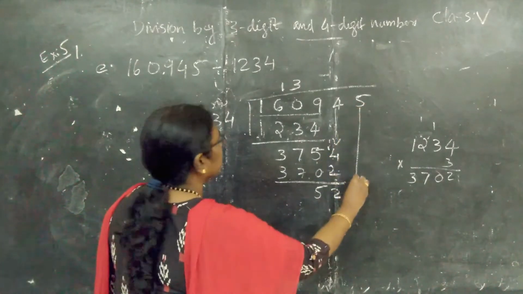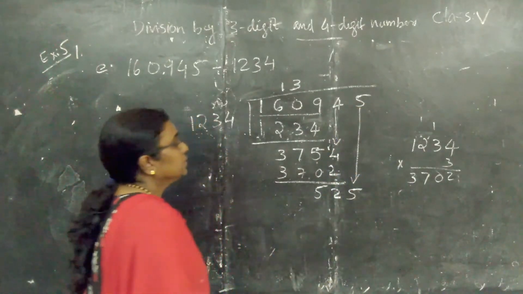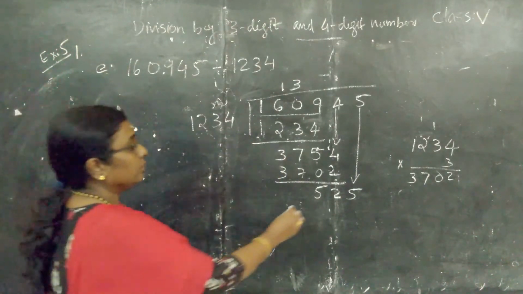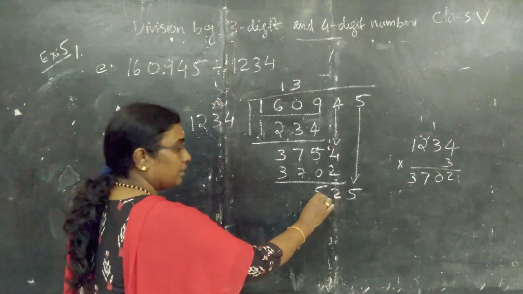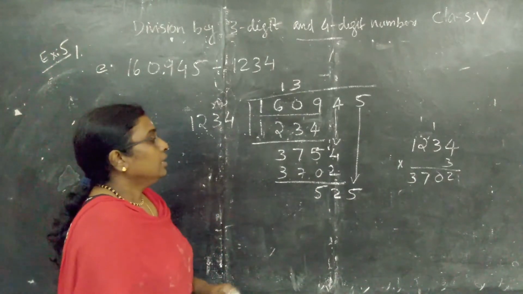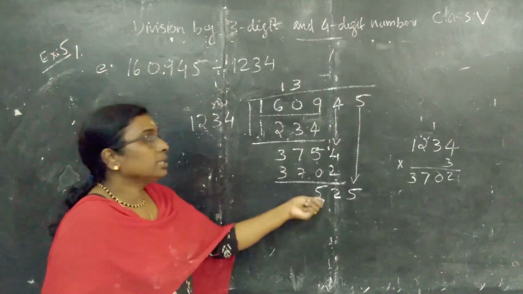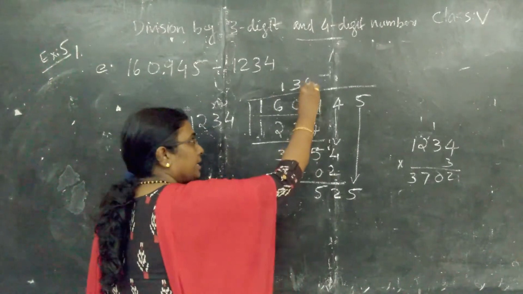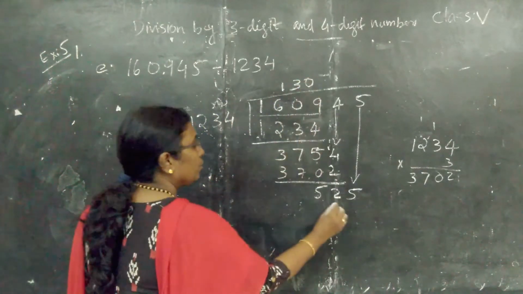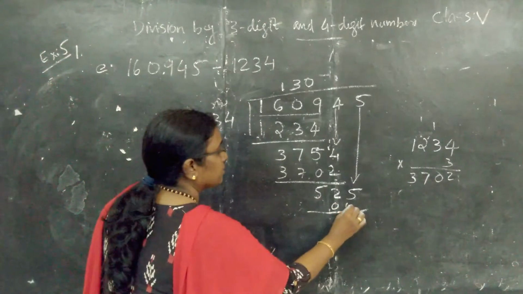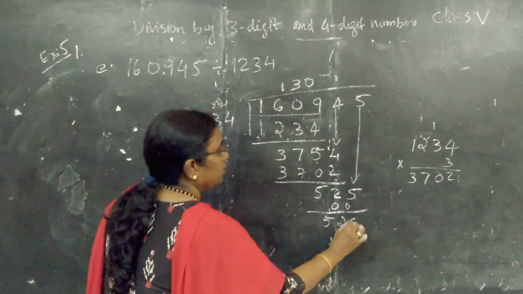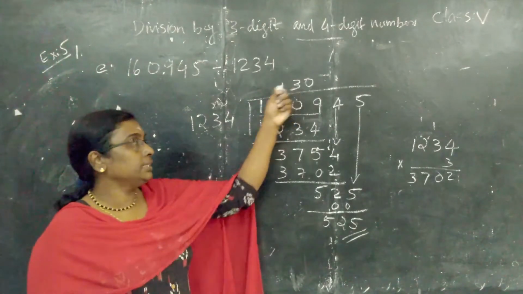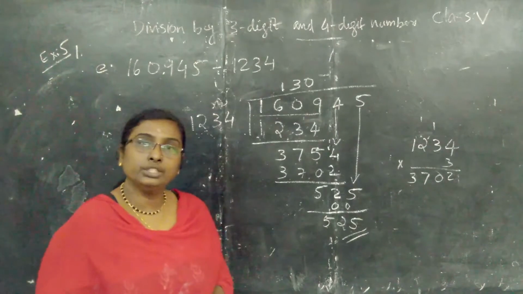Then write this number here, 5, which is less than the divisor. So we get 525. Then how many times does the divisor go into this number? We write 0 here, then multiply the divisor with 0, we get 0. Then subtract, 525. Hence the quotient is 130 and the remainder is 525.